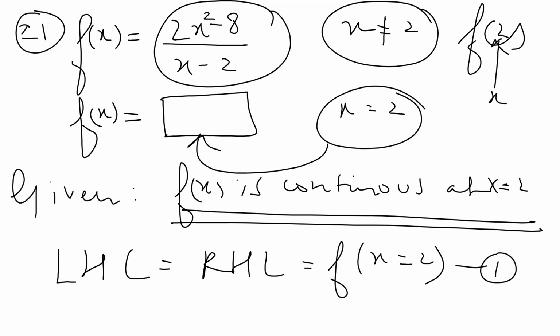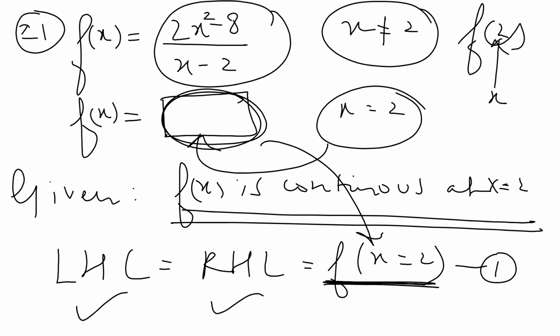So now we are finding out this particular value. Either we'll calculate LHL or RHL, because it's not a proving problem. It is given it is continuous, so either find out LHL or RHL. So LHL: limit x approaching 2 minus.